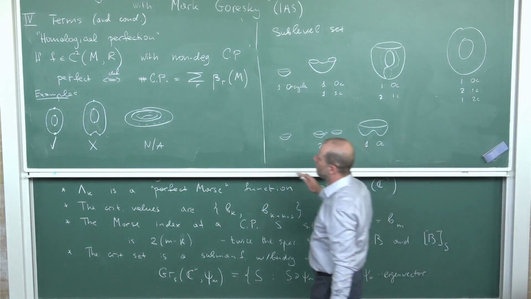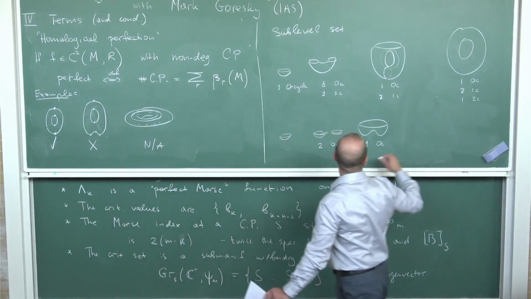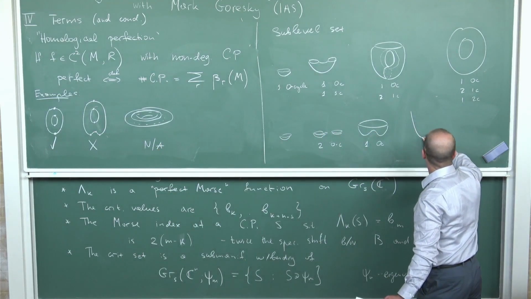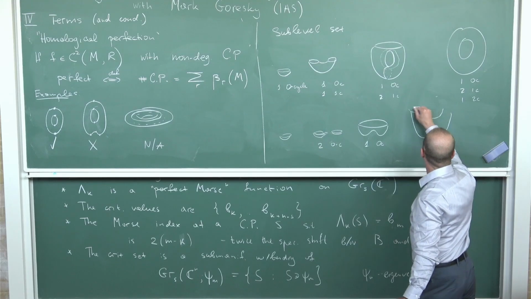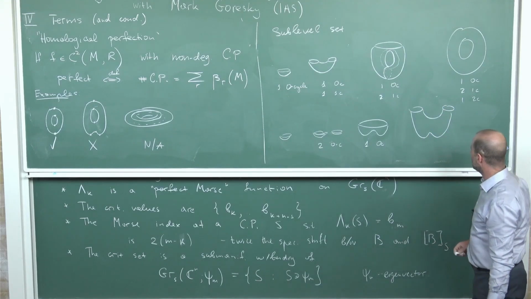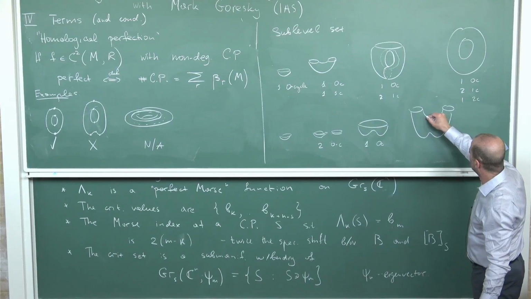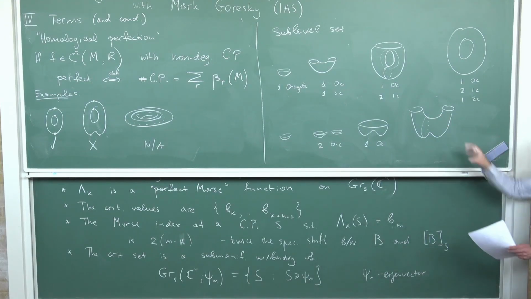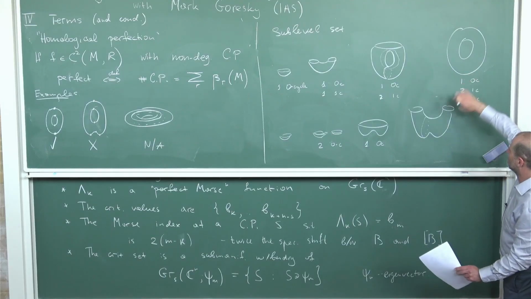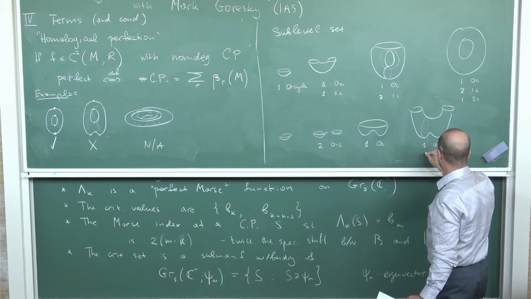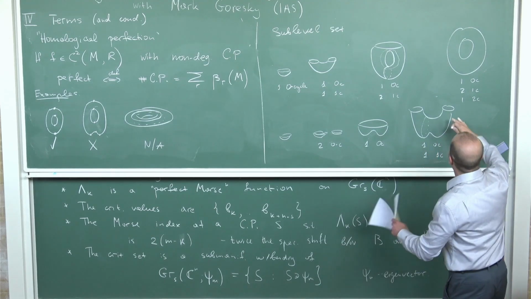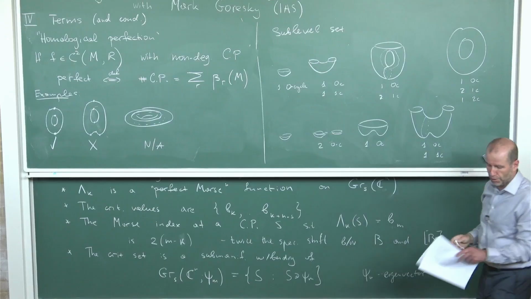interesting. When I move past the next one, it kind of goes as before. Now I have a cycle running like this. I can slide it around, that's okay. I cannot slide it off, I cannot contract it. So it's one 0-cycle, and now one 1-cycle, and the rest continues as before.